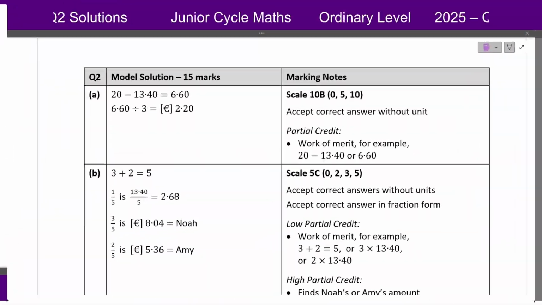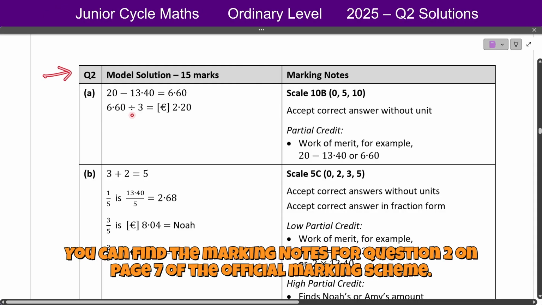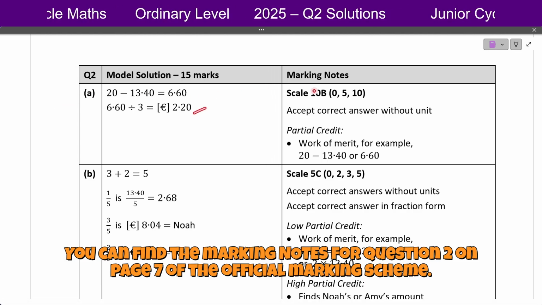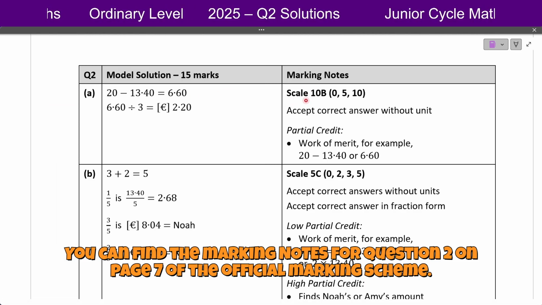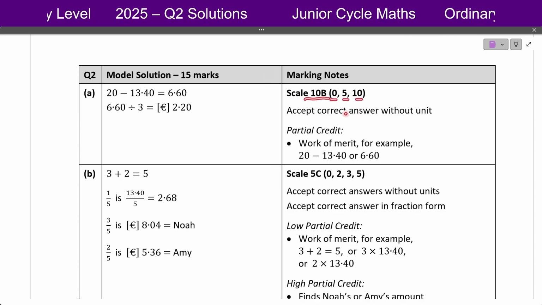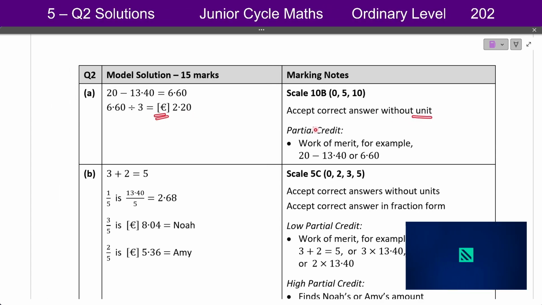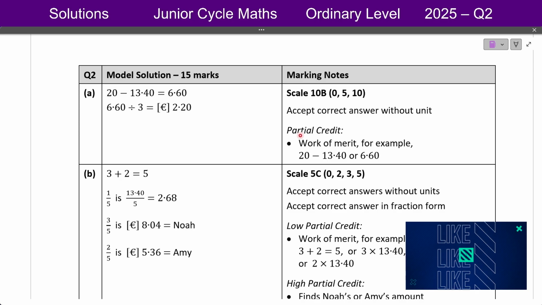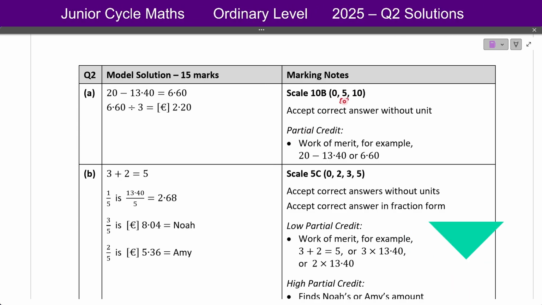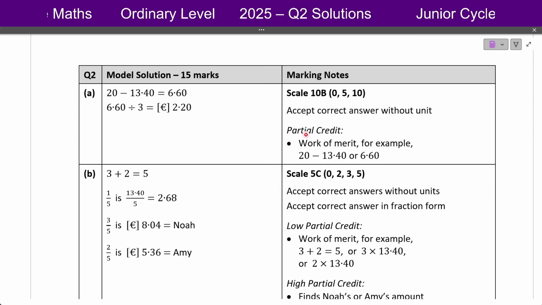And finally, here is the marking scheme for Q2. In the first part, here is the correct answer, and this part is on the scale of 10B. We have 10 marks with 3 subcategories. The answer is accepted without showing the unit, I mean the euro sign or symbol. We can also get 5 out of 10 in the case of partial credit.